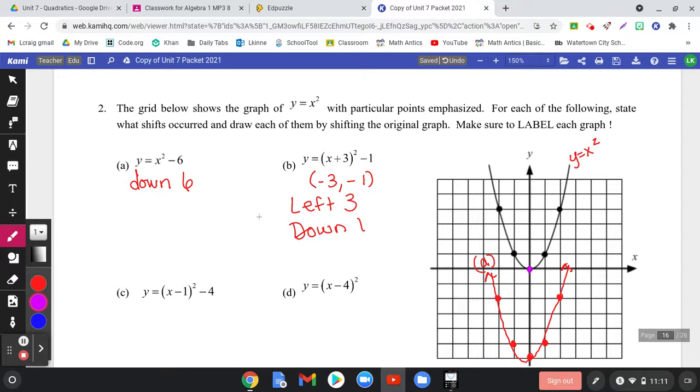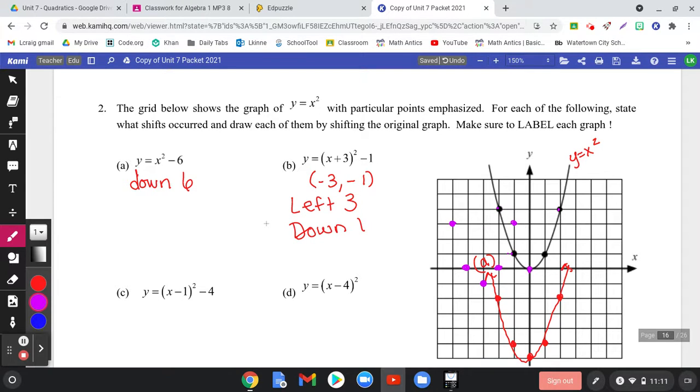I'm going to go left 3, down 1. From here, left 3, down 1. Left 3, down 1. And then for this one here, left 3, down 1. For this one here, left 3, down 1.